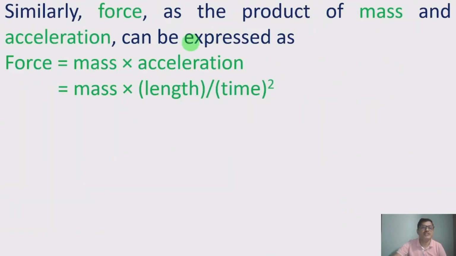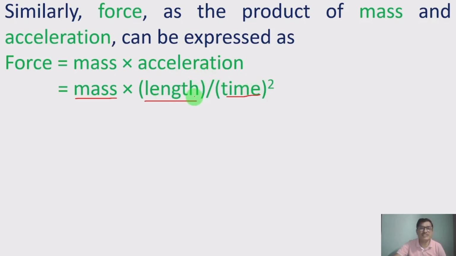Similarly, force is the product of mass and acceleration, so force equals mass into acceleration. The mass is written as mass only. Acceleration can be written as length per time square, since acceleration is velocity per unit time or displacement per time square.